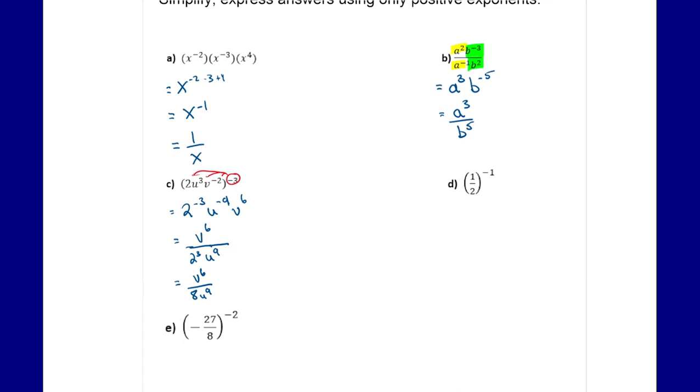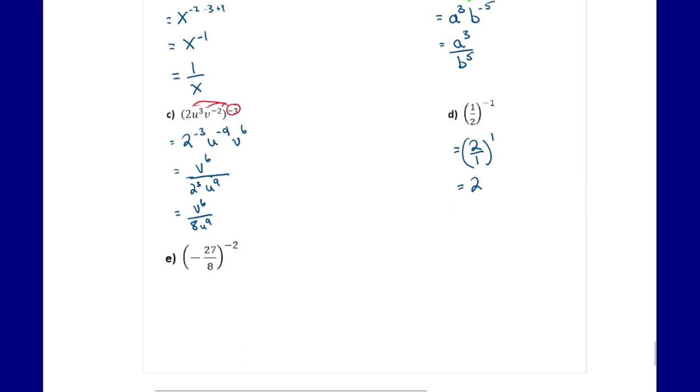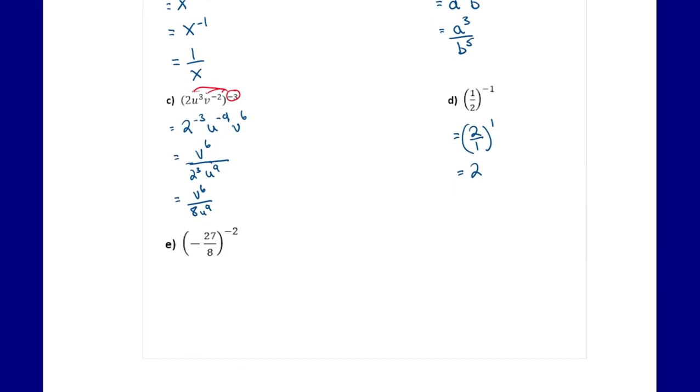For d, 1/2 to the power of -1. When we have a negative exponent, we flip our base, so this becomes 2/1 to the power of +1, or just 2 to the power of 1, or just 2. And for e, similar idea. I'm going to flip my base, so this is going to become -8/27.